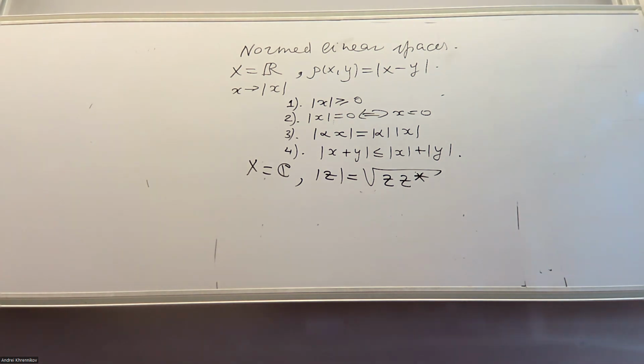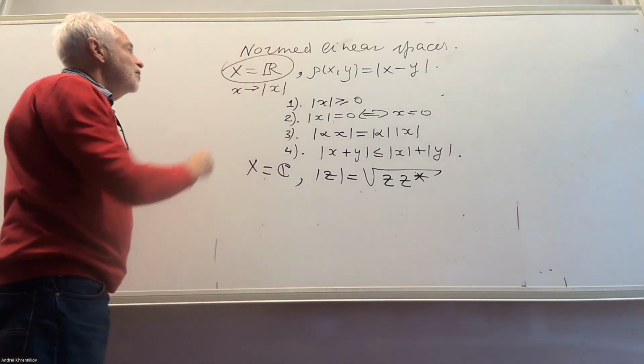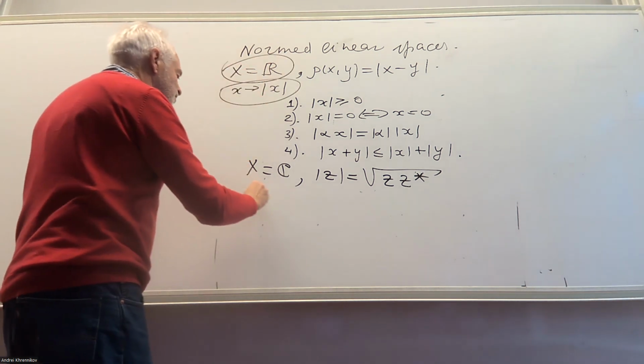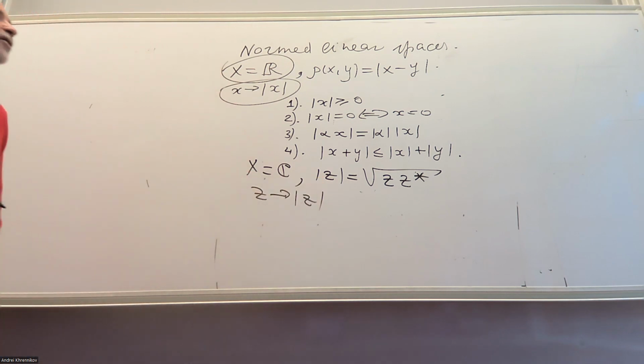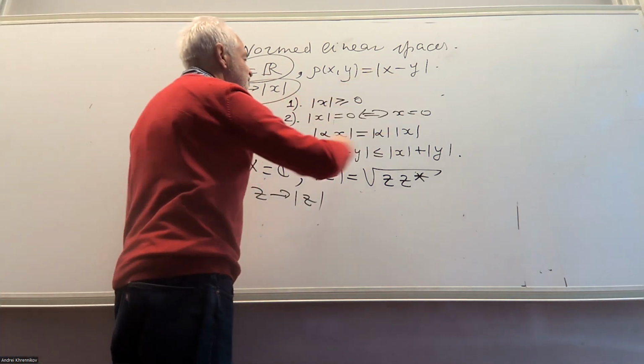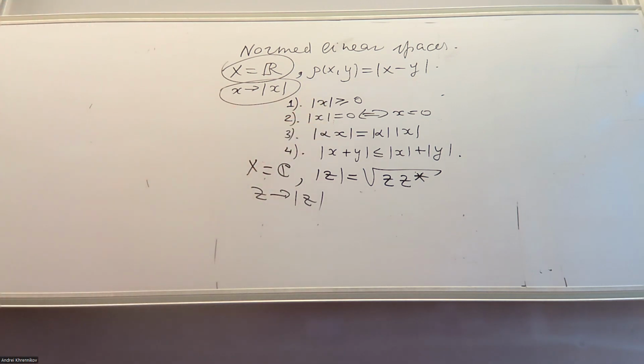So it has the same properties 1 to 4. So it is again a natural mathematical step. We have two examples, this function and this function, real and complex, which satisfy such properties. In the complex case, this is the absolute value.